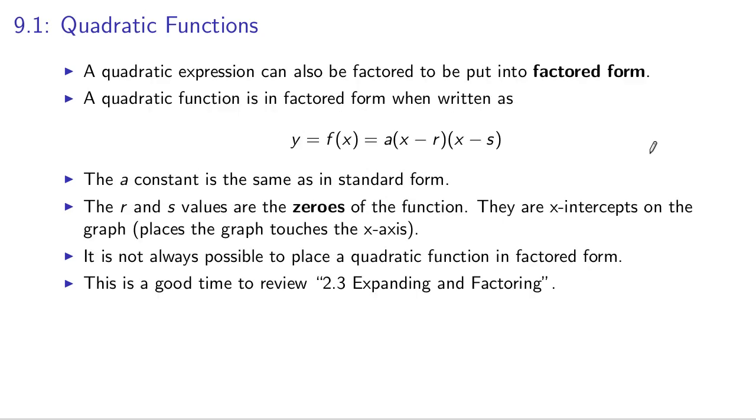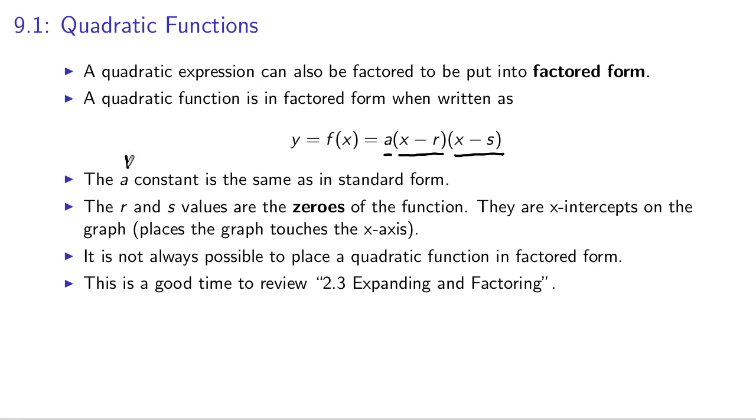A quadratic expression can also be put into factored form by factoring. A quadratic function is in factored form when written as a times the quantity x minus r times the quantity x minus s.